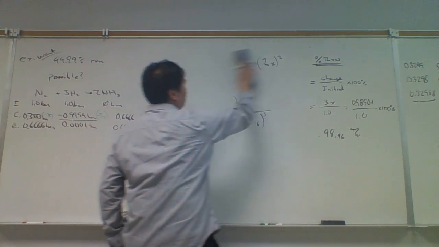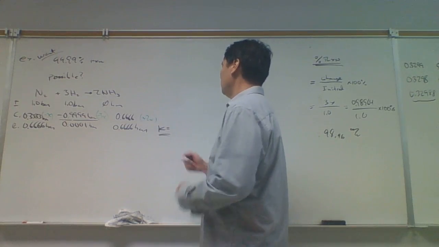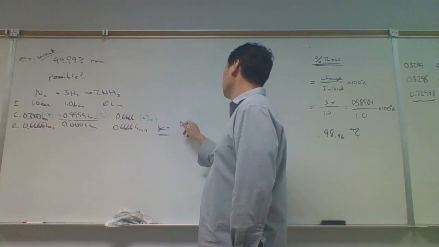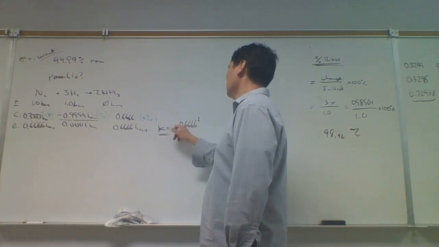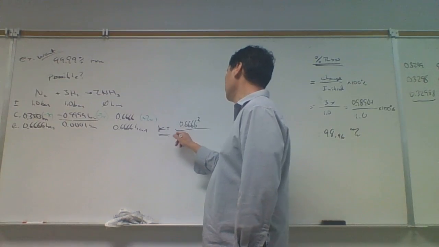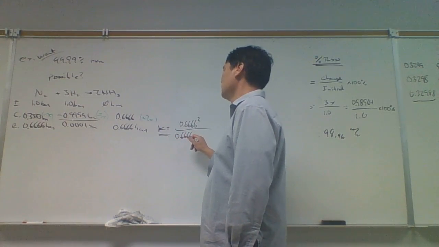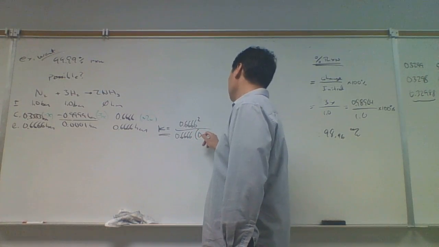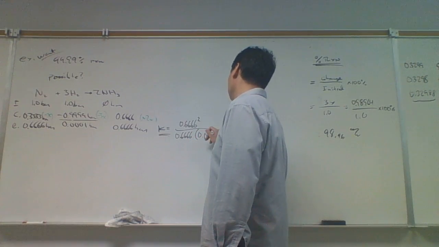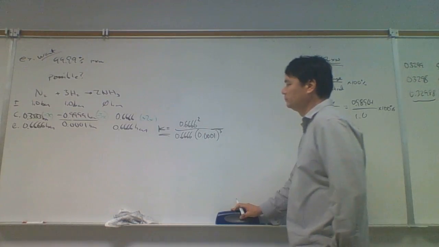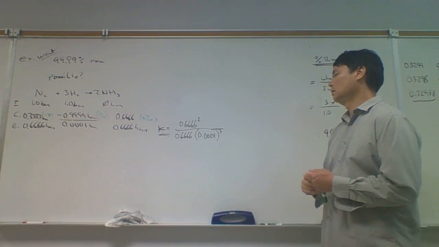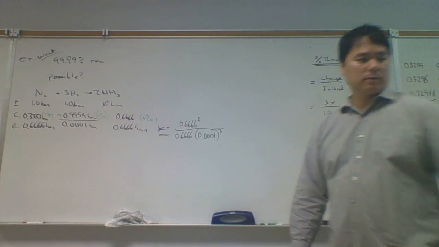Figuring out the K value here, K is going to equal the ammonia squared, so 0.6666 squared, over the nitrogen, 0.6666, over the hydrogen cubed, 0.0001 cubed. What does this come out to?